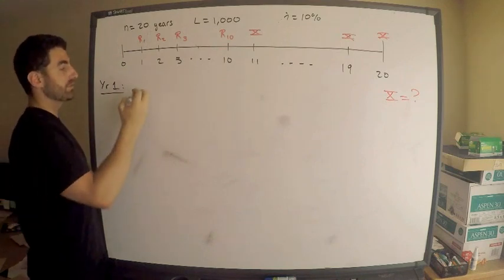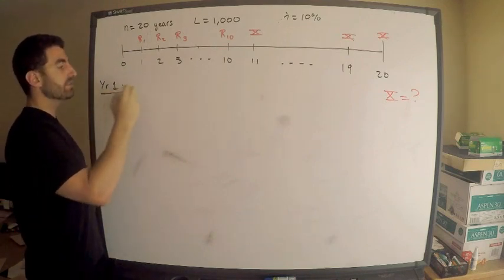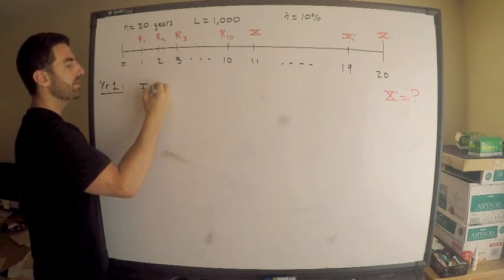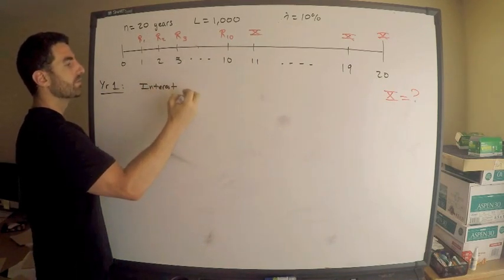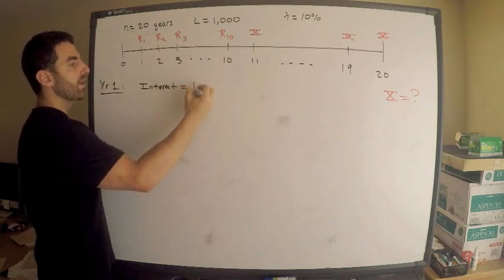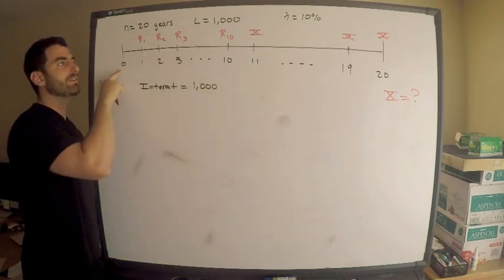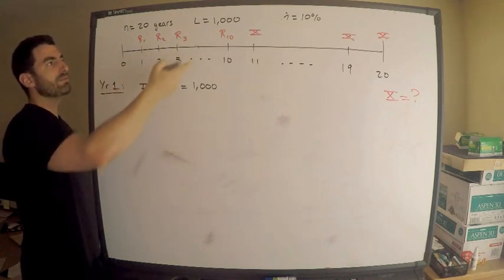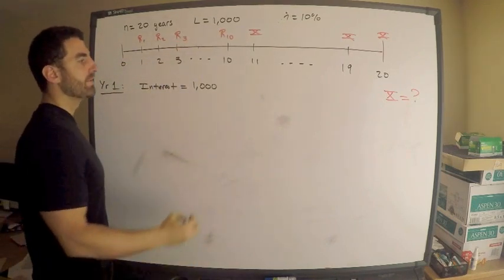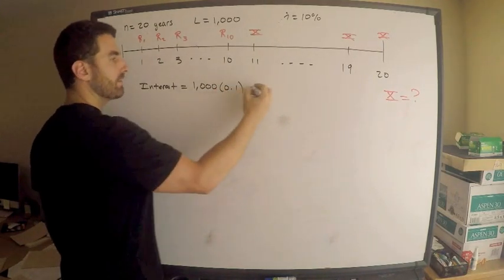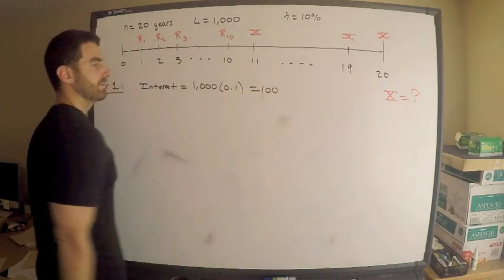Well, what is the interest? The interest in year one is equal to 1,000. If you think about it, this $1,000 you took out of the loan is accumulating for 1 year at 10%. So the interest due is 0.1 times 1,000, which equals 100.